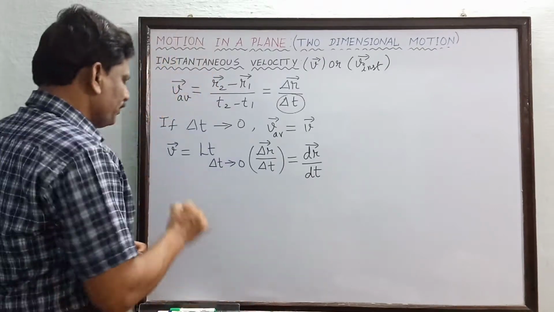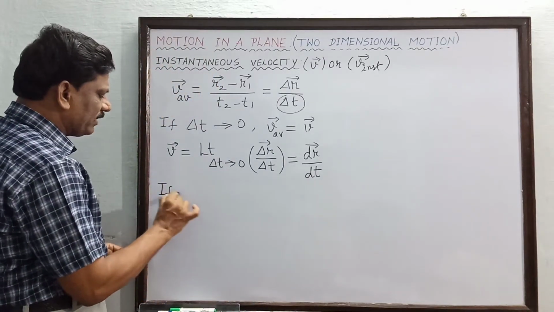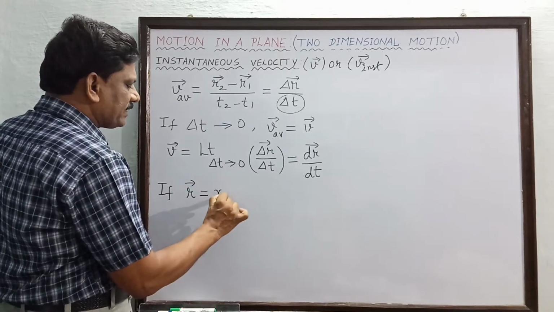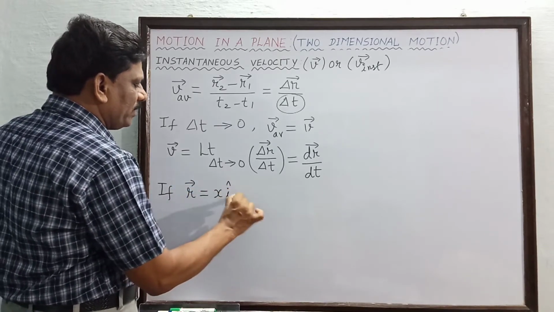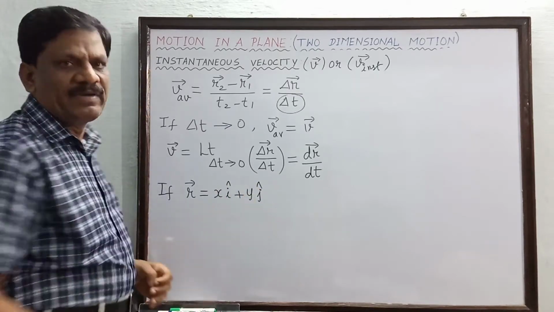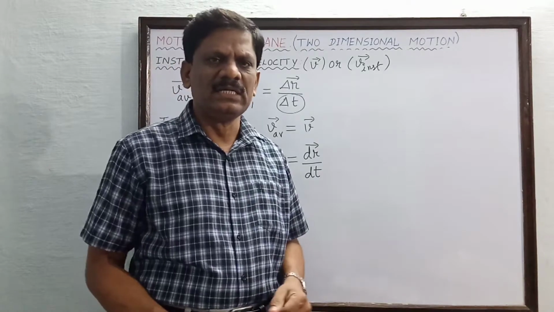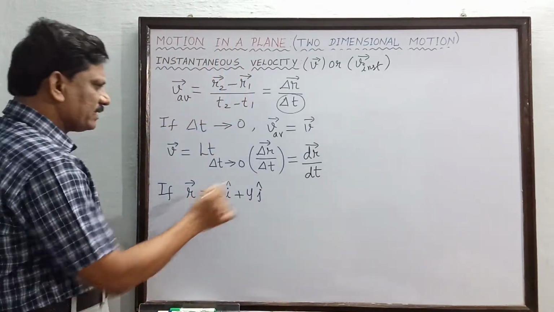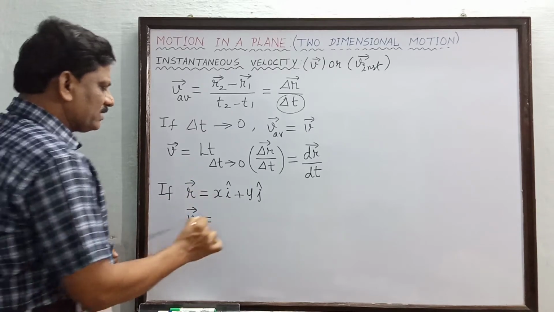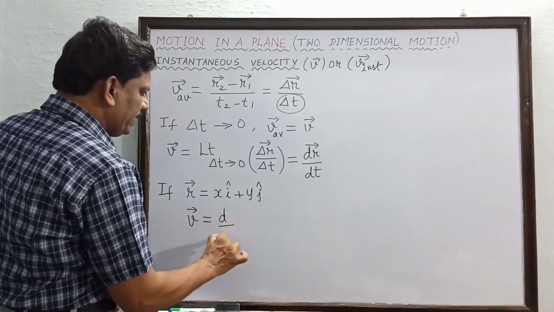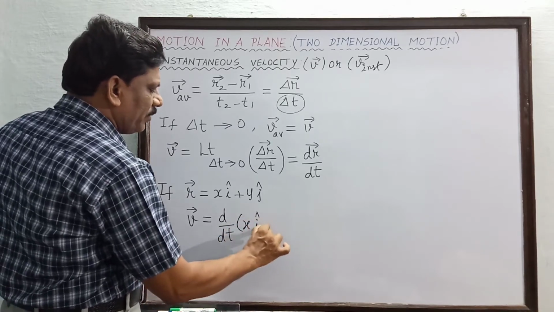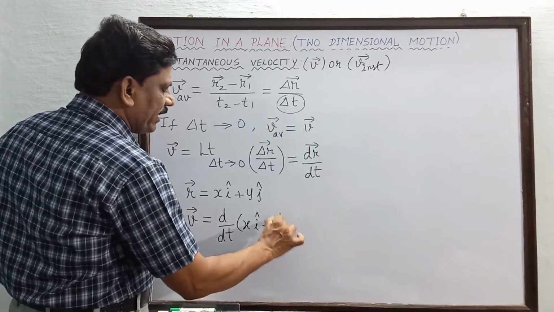Suppose the position vector is given as r vector is equal to x i cap plus y j cap. So this is the position vector in two dimensions. In this case we can find the instantaneous velocity is equal to d by dt of x i cap plus y j cap.